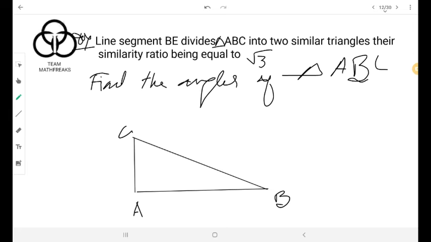How is it possible? Is it possible? You just say, is it possible? Why is it not possible? Let this be E.